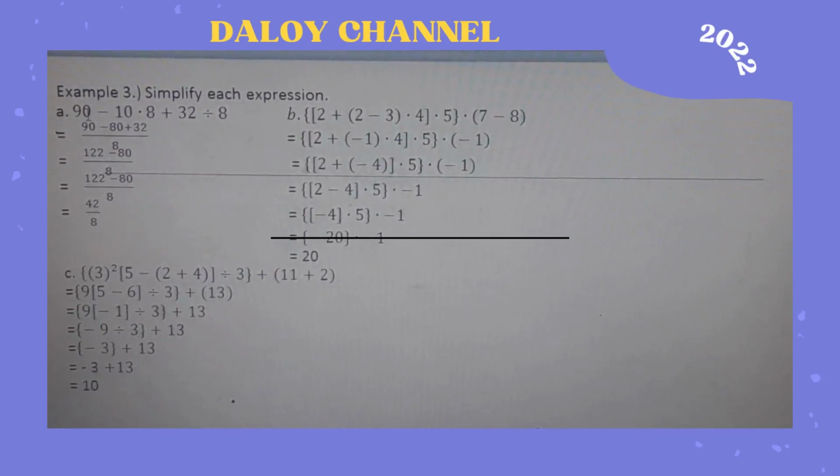So all the positive values of the numerator will be added, so with the negative values. So we are adding 90 plus 32. So with a total of 122 be subtracted by 80 over 8.